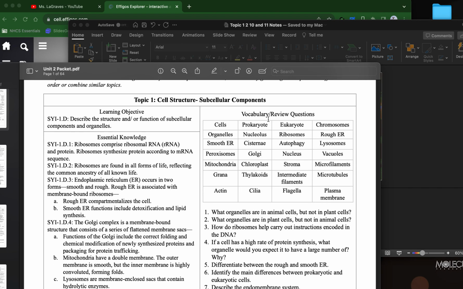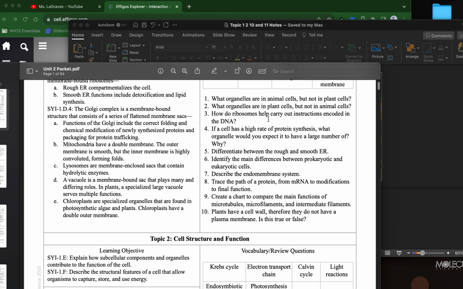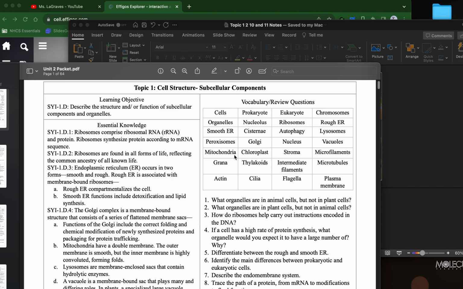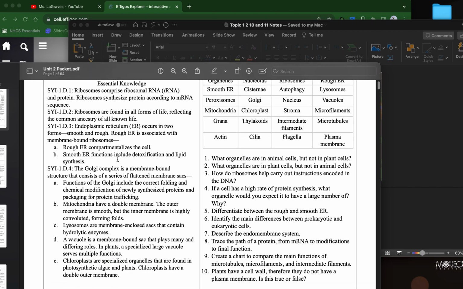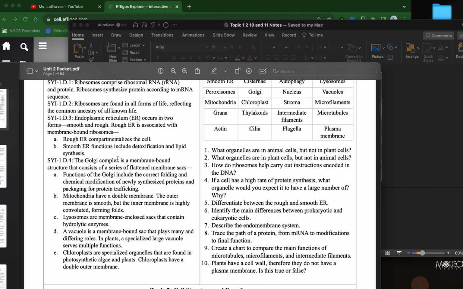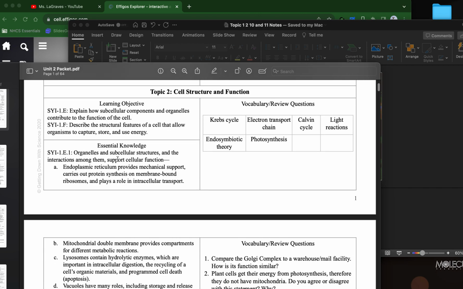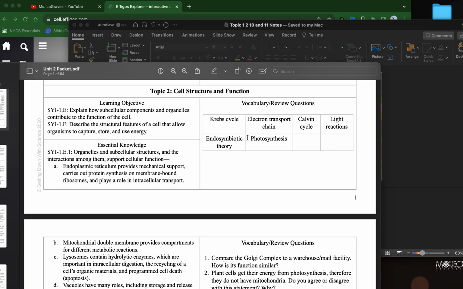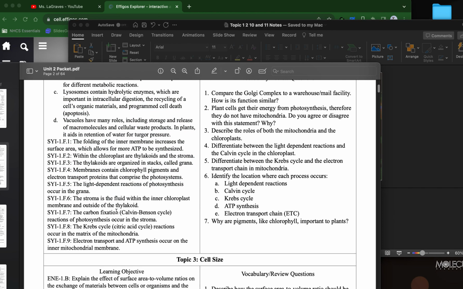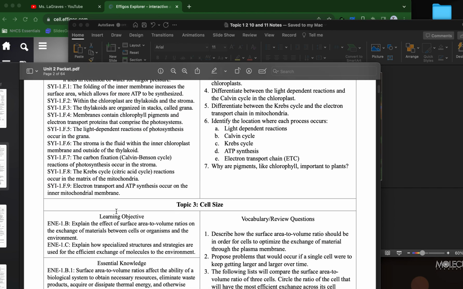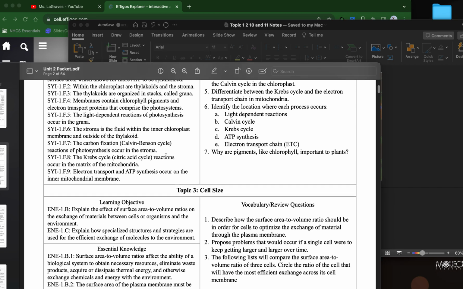Today we're going to do topic 1, which is cell structure, subcellular components. You can see your vocab here, your essential knowledge. We're doing topic 2, cell structure and function. You can see your vocab over here, essential knowledge over here. It looks like a lot, but it's kind of going to wrap up nicely.